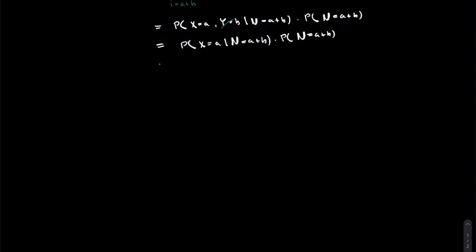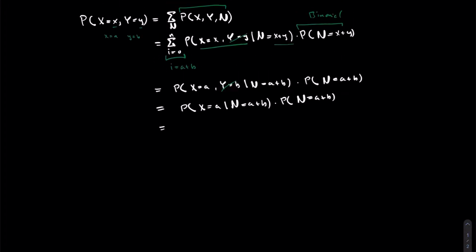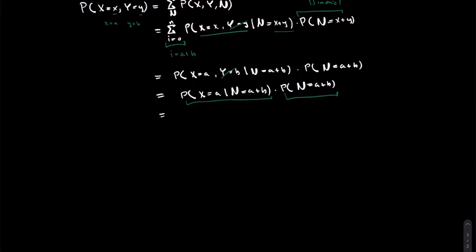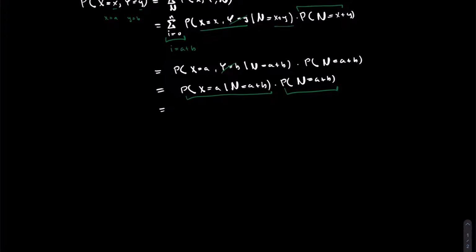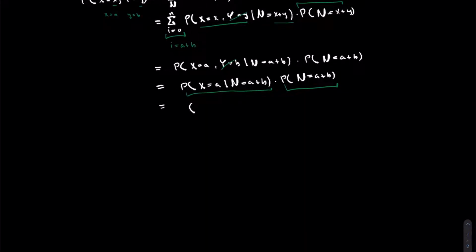As I just said, before the conditioning on n, we know that x has to be binomial. So that's binomial and this is binomial. Writing out this probability, conditioning on n, we have a plus b units, and we're going to select a that survive.